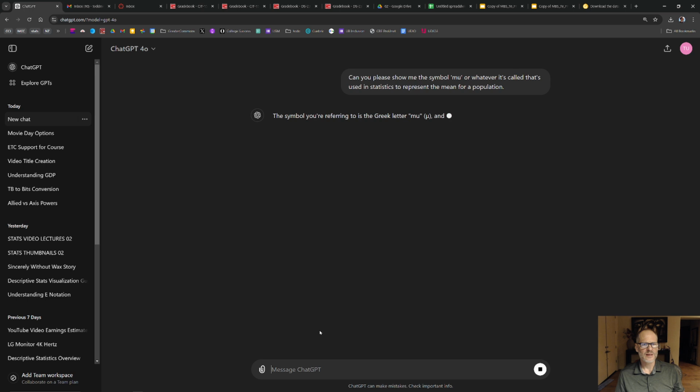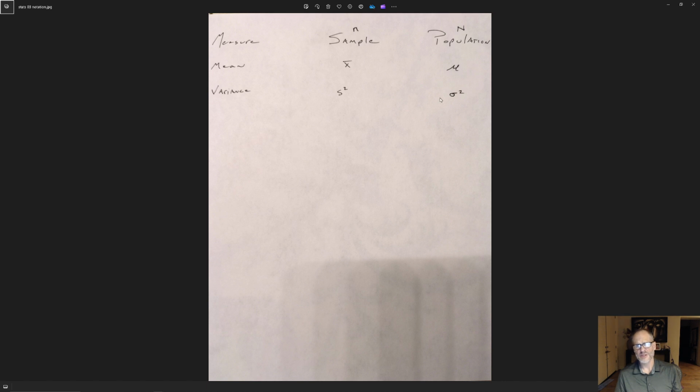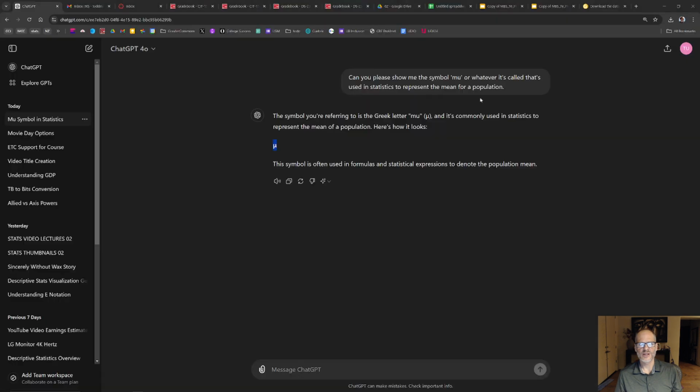And so we'll see this symbol here. The symbol you're referring to is the Greek letter mu, and there it is right there. And it's commonly used in statistics to represent the mean of a population. Here's how it looks, right? So anytime you have questions about any of this stuff, you can come to ChatGPT and enter a little search and you can do it.